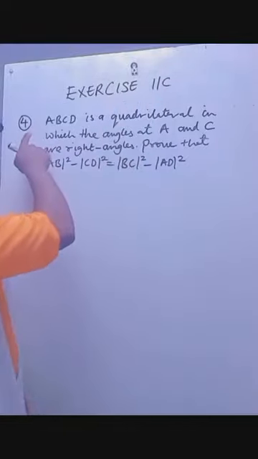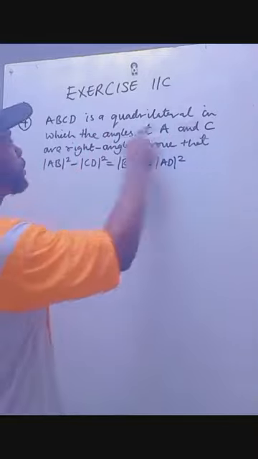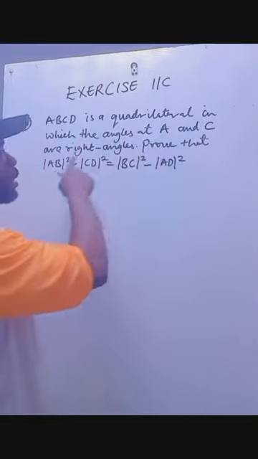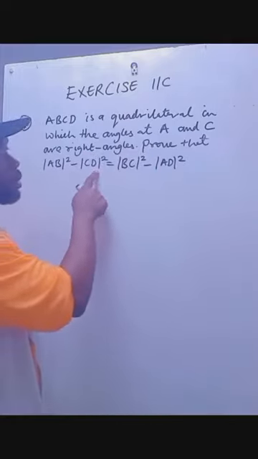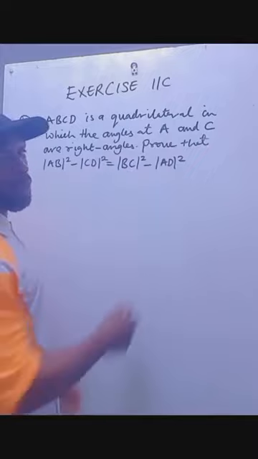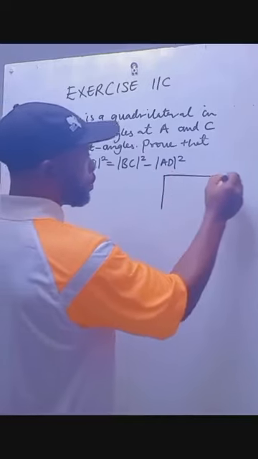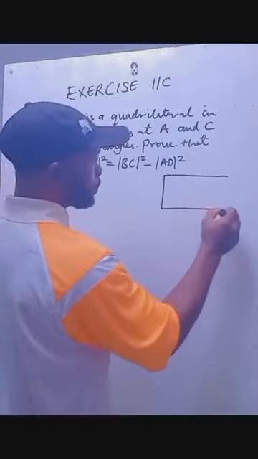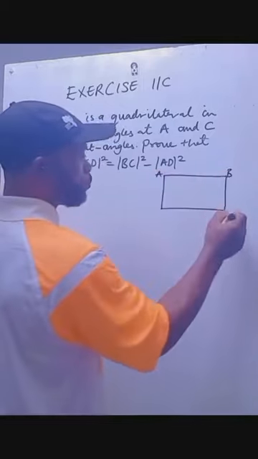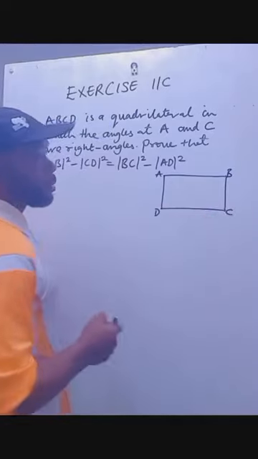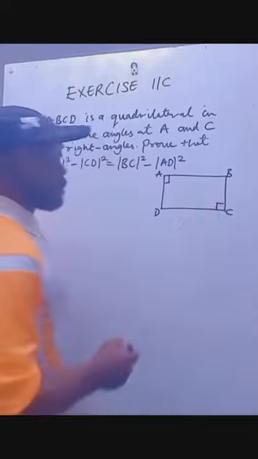Exercise 11C, question number 4. ABCD is a quadrilateral in which the angles at A and C are right angles. Prove that AB squared minus CD squared is equal to BC squared minus AD squared. So let this be the diagram of the quadrilateral, labeled A, B, C, and D. The angles at A and C are 90 degrees.